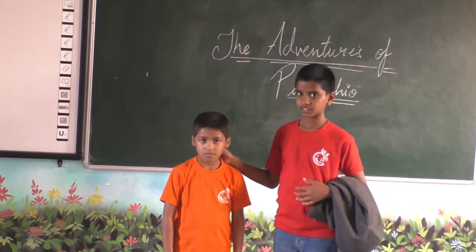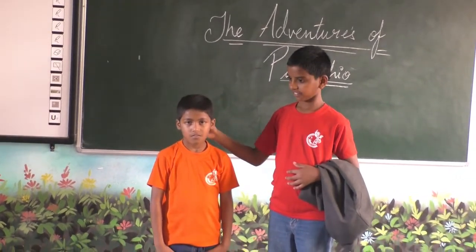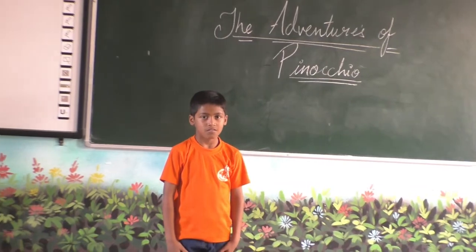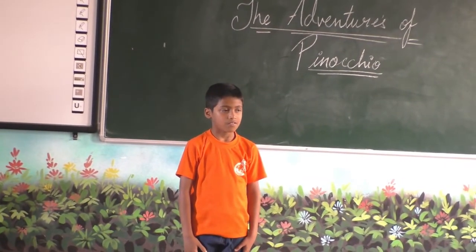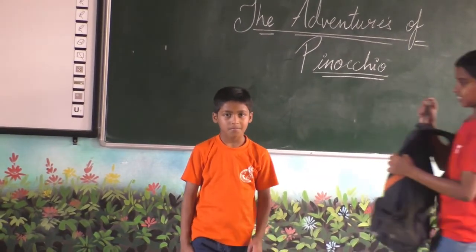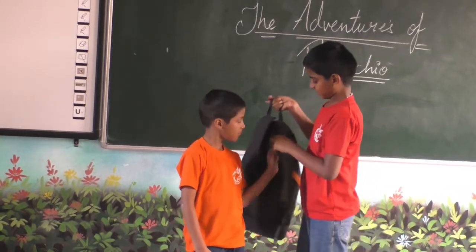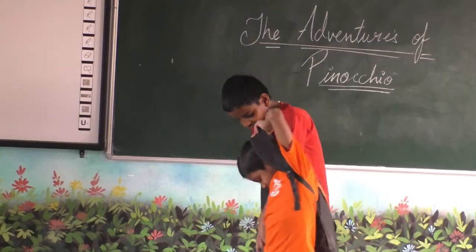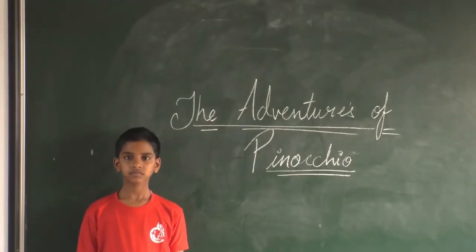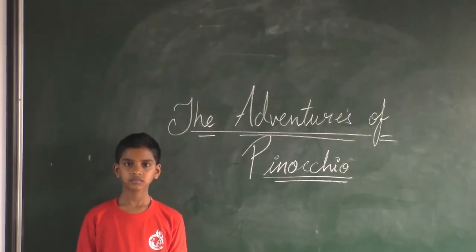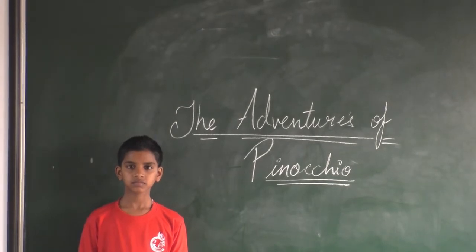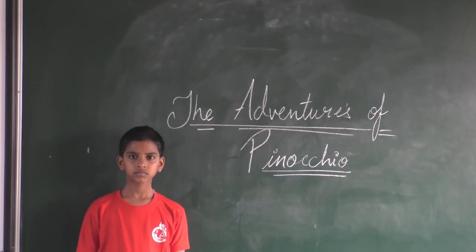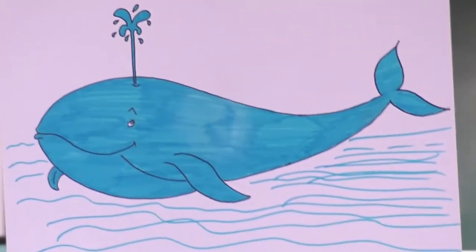Geppetto sells his coat so that Pinocchio could go to school. But instead of going to school, Pinocchio goes to the circus. As Pinocchio had gone to the circus instead of school, there he gets into trouble. On hearing the news, Geppetto goes to rescue Pinocchio but gets swallowed up by a whale.